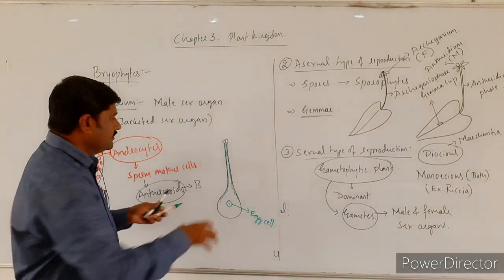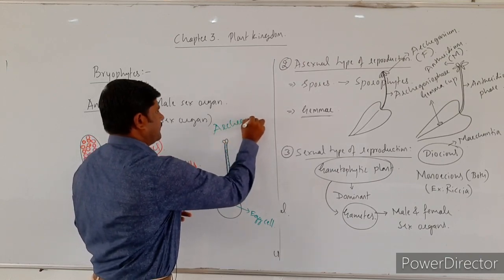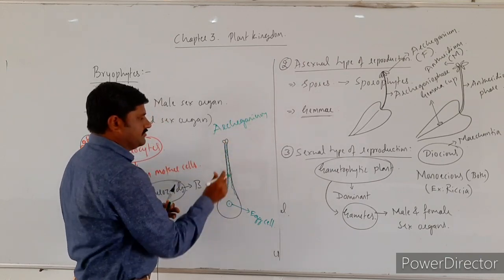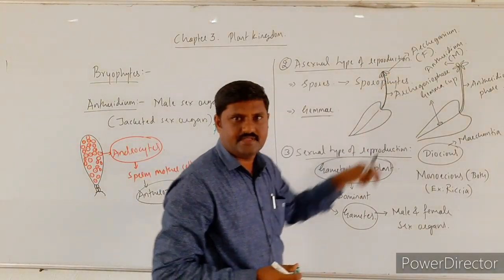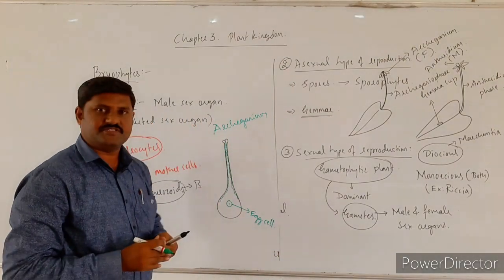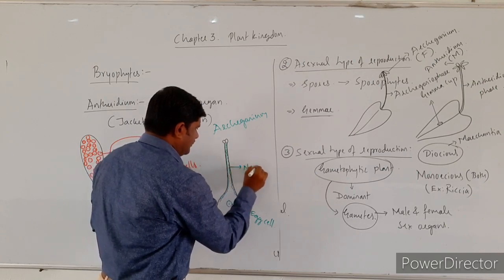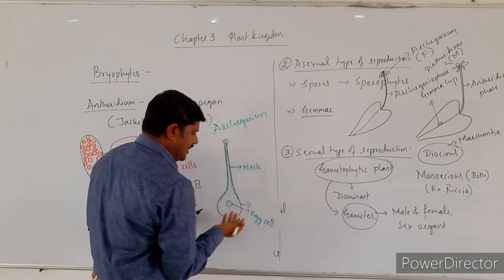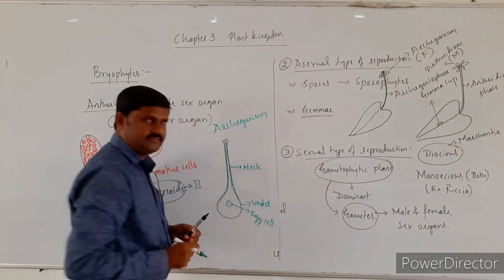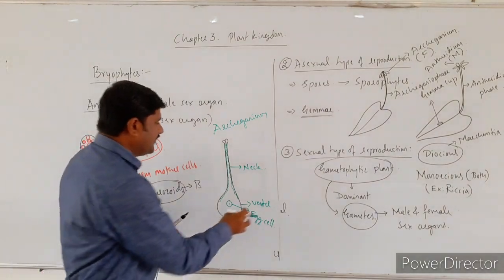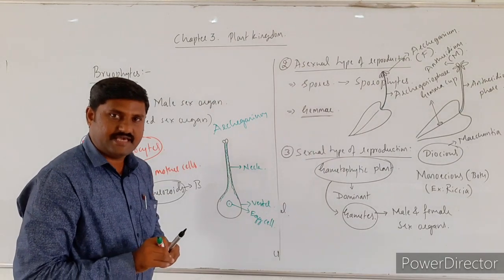Many such archegonia are present over here. The archegonium is a flask-shaped structure which contains a neck over here and a bulbous base, that is the venter. The venter contains the egg cell.